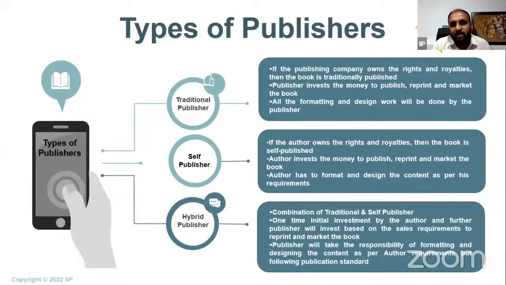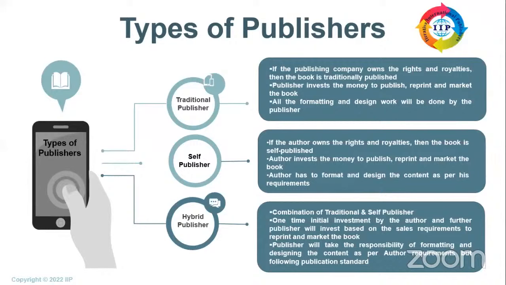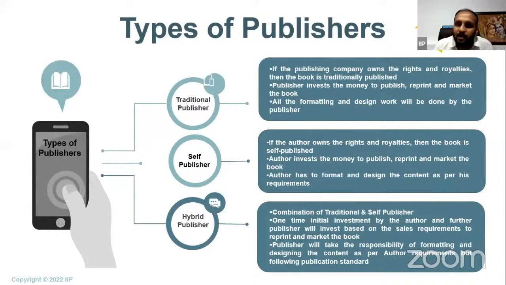So the first thing is the types of publishers. In general, there are 3 types of publishers: traditional publishers, self-publishers, and hybrid publishers. In a traditional publisher, the publishing company will hold all the rights, royalties, and copyright.